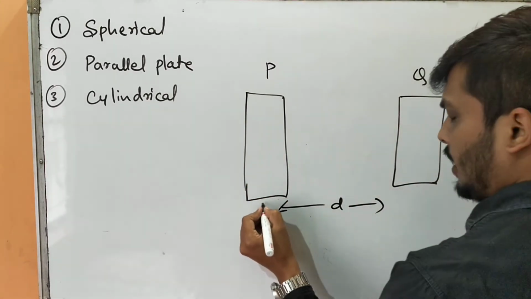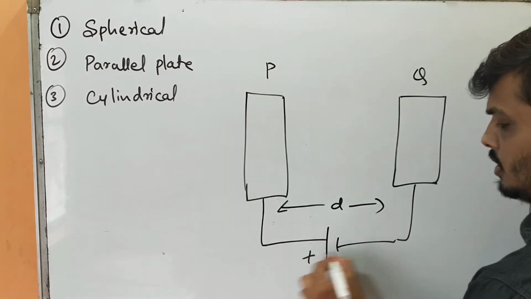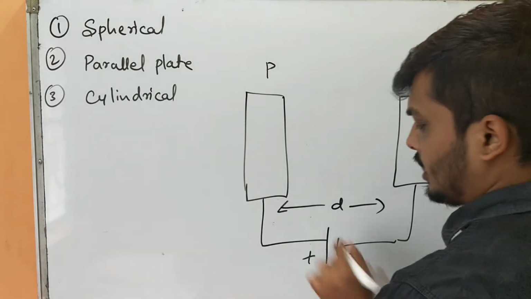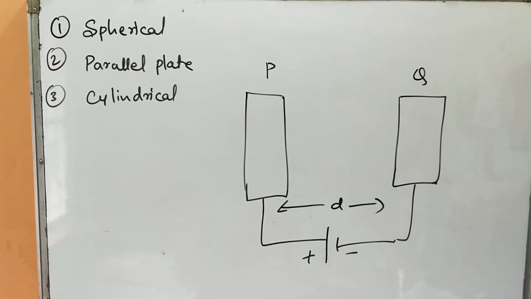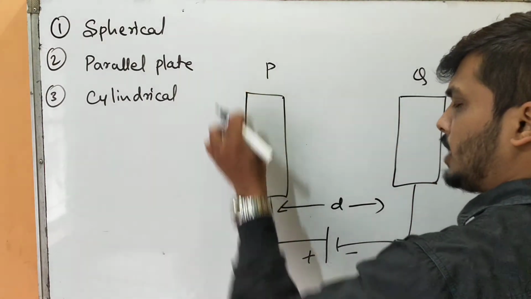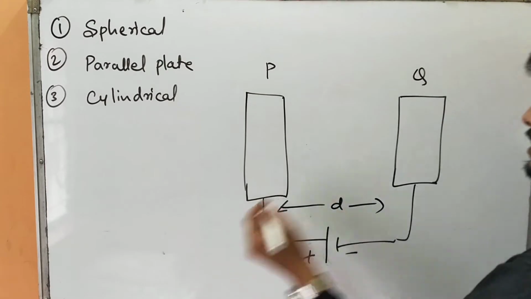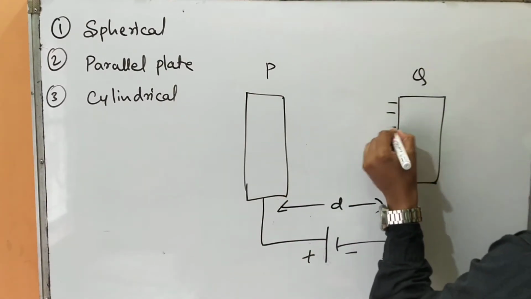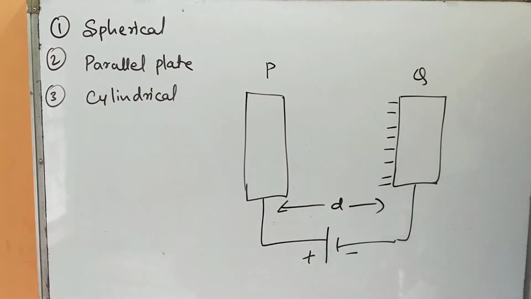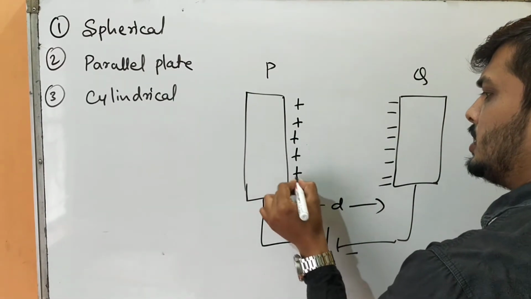Now imagine I connect the plates to a battery, and this is the direction of the current. The conventional direction of current is always positive to negative. If the current flows in this direction, it is quite obvious that electrons will flow opposite to this. As a result, all the negative charge will be accumulated here and positive charge will be accumulated here.